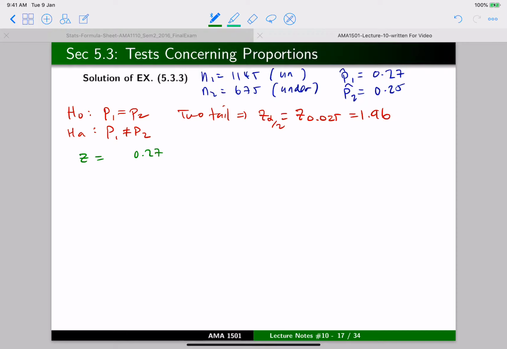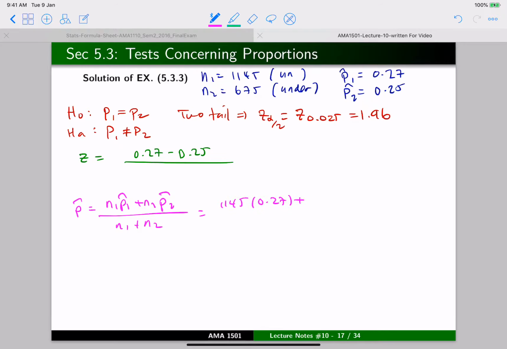It's p1 hat minus p2 hat over... we have to figure out p hat again. p hat is (n1 p1 hat plus n2 p2 hat) over (n1 plus n2), in this case 1,145 times 0.27 plus 675 times 0.25, divided by 1,145 plus 675, which is 0.263, I believe.